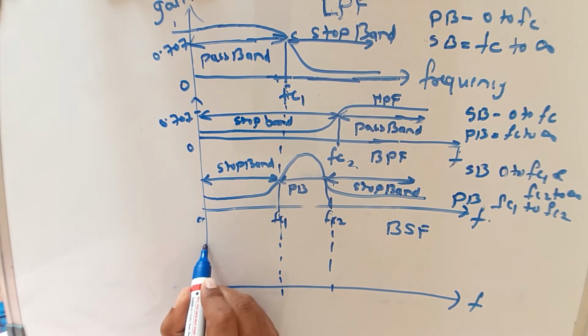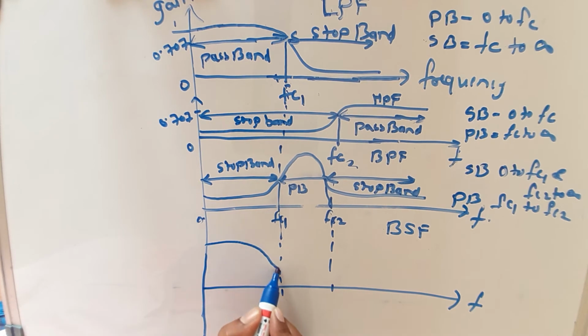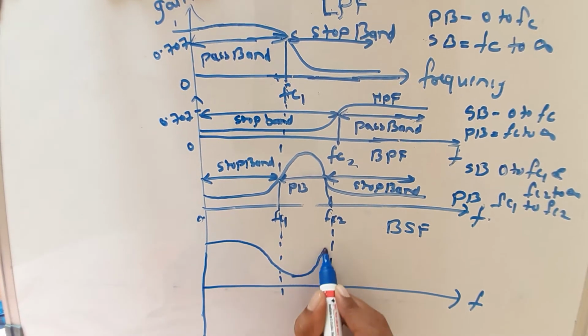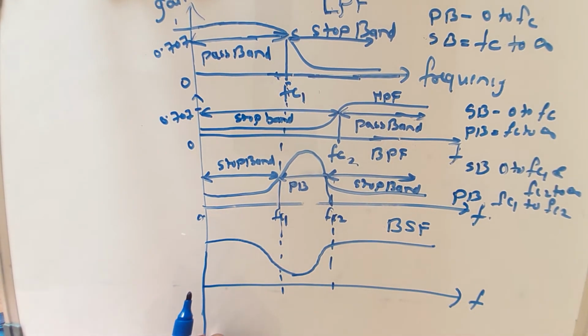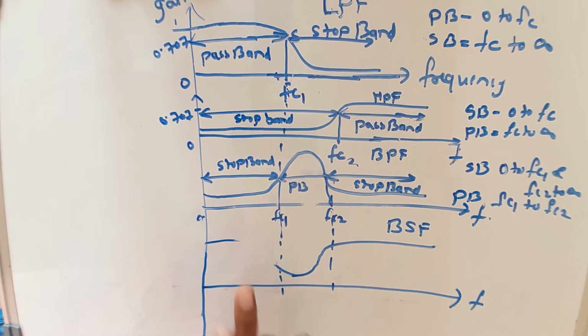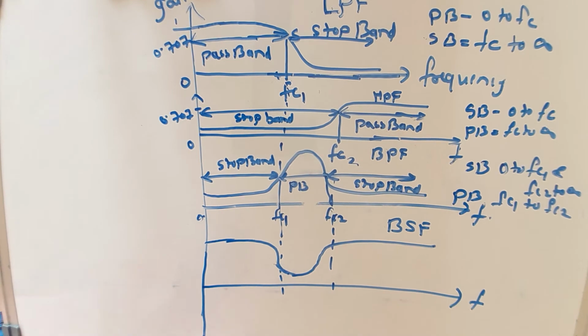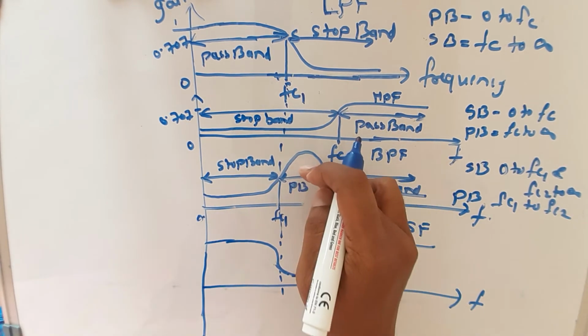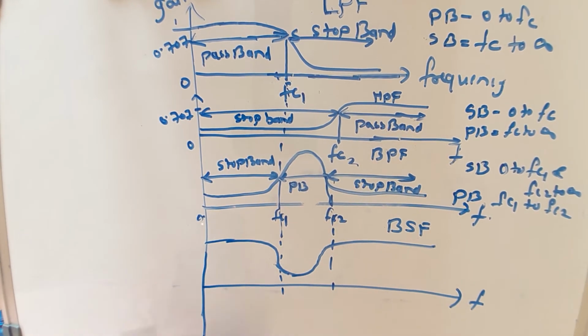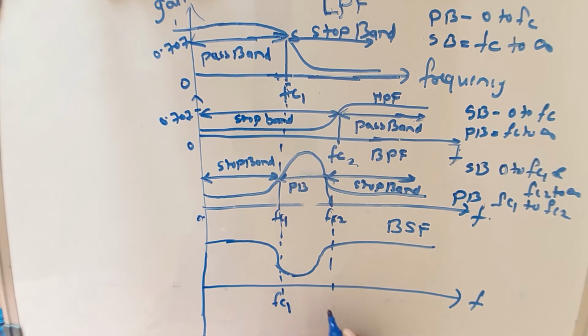It will start from here, the gain is maximum, then it will decrease and again it will increase. It is like this one. It will be exactly inverse of a band pass filter. So here we will write down FC1, FC2.